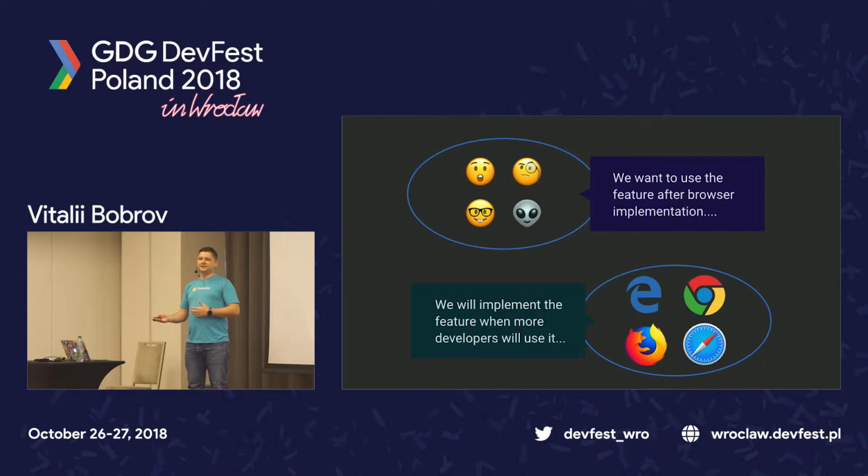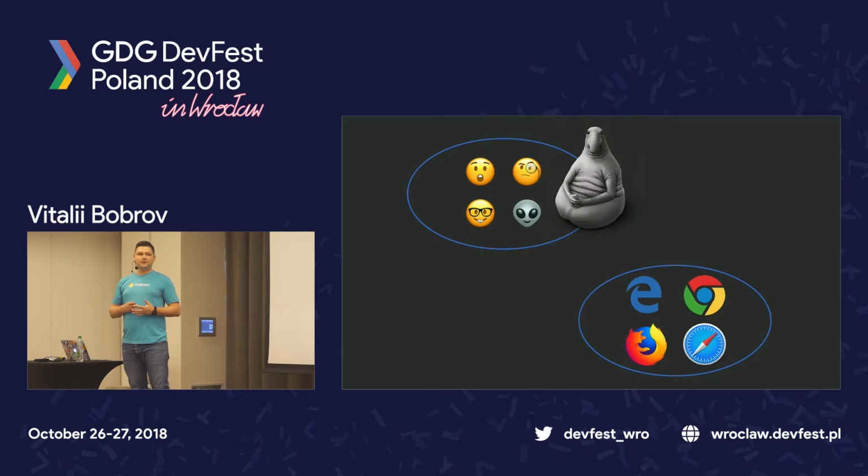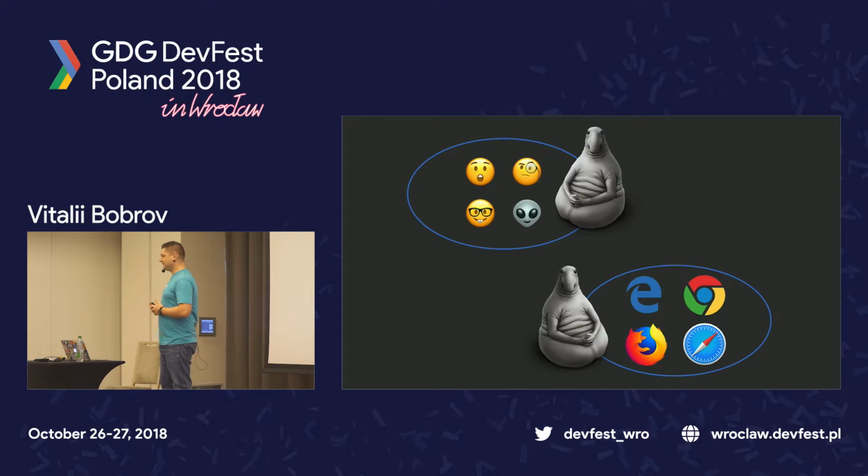They are not interested in immediately implementing features that are not used today. And with all this we have a circular dependency and everybody is just waiting for something, and this waiting might be as long as a few years, for example.